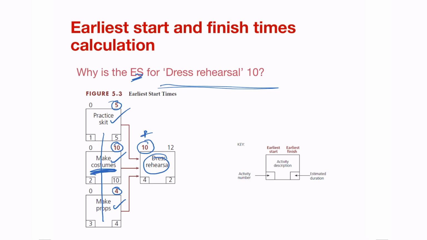In that case, it is making of the costumes. So the dress rehearsal can only take place once the costumes are complete, which means that if the costumes take 10 days, the earliest time that the dress rehearsal can start is on day 10. The dress rehearsal takes 2 days to complete, which means that the earliest time it can finish, EF, is on day number 12. Make sense?